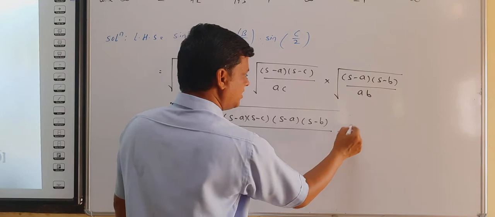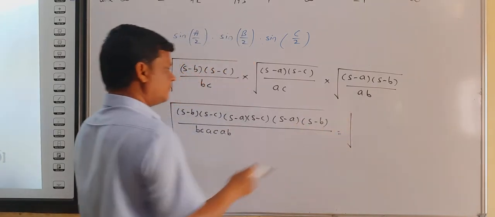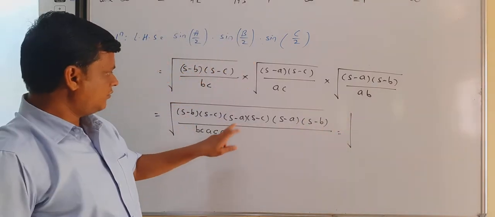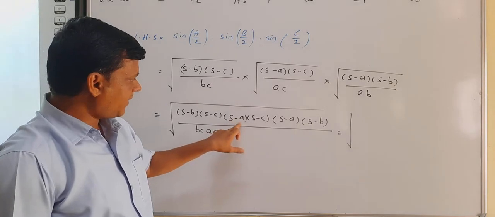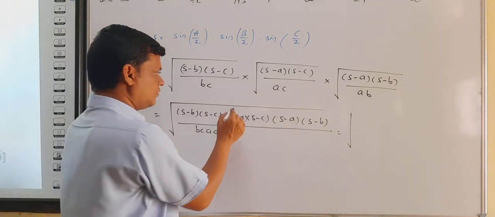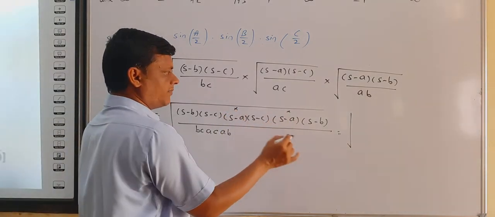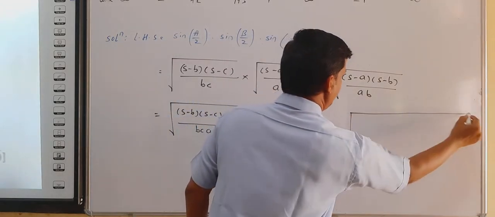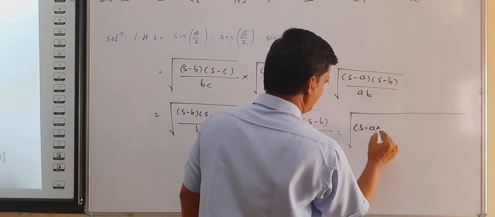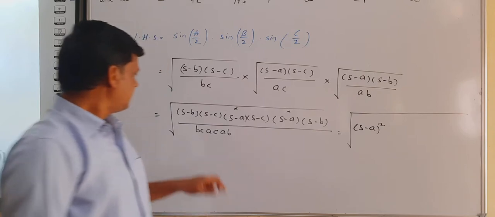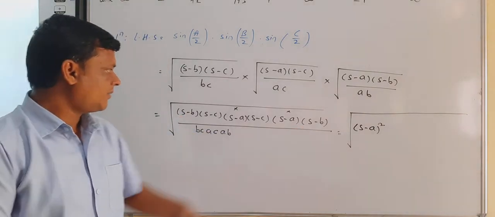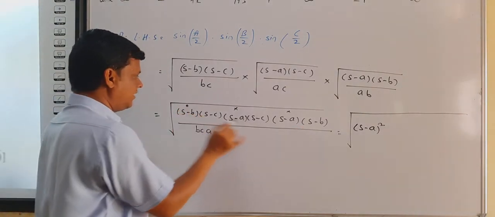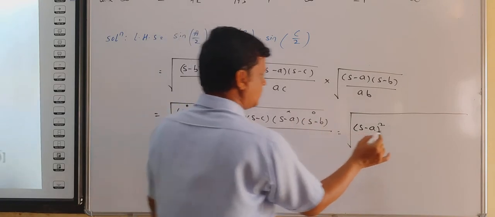If you observe the terms, we have s minus a, s minus a, so taking s minus a, we write its square. s minus b, s minus b, so we write the square of s minus b.